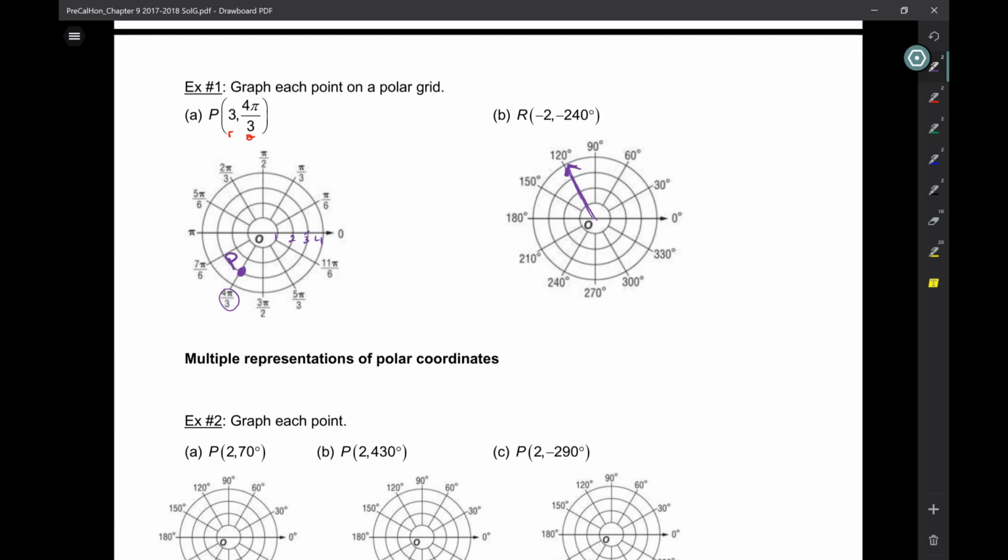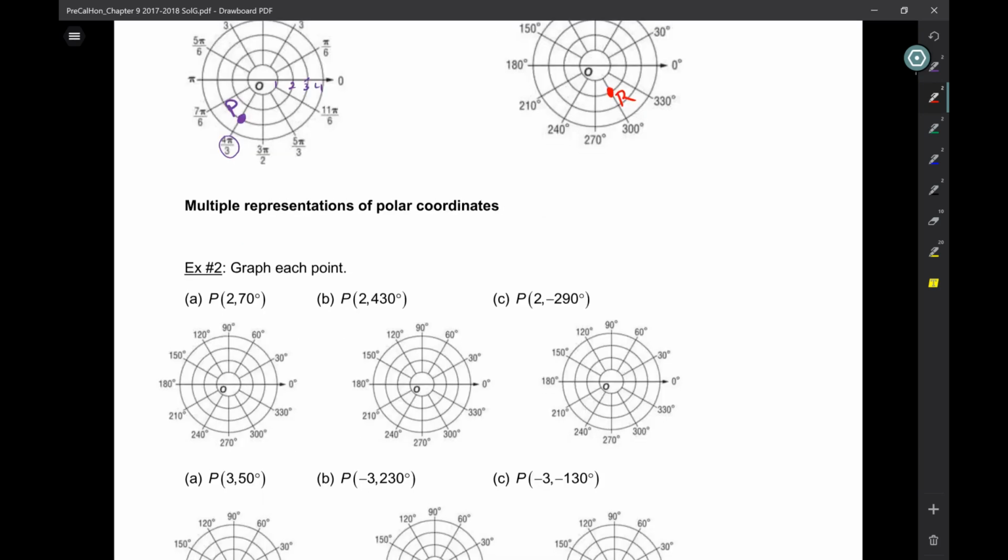So in which direction am I going to go? Downward. Here, negative 2 here. So that's R. You see that? That always got me. And now it's so easy.